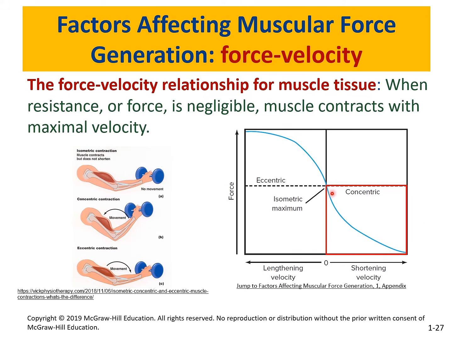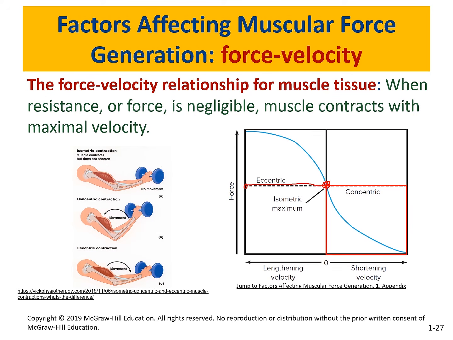You need to find this force. See this point here? You need to see how much you can handle by keeping that muscle at its original length. That force is important because that's going to identify your eccentric, concentric, and isometric. This is called isometric maximum. That's the maximum weight that you can hold, keeping your muscle length the same, right?